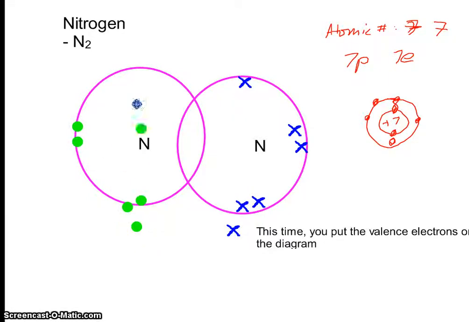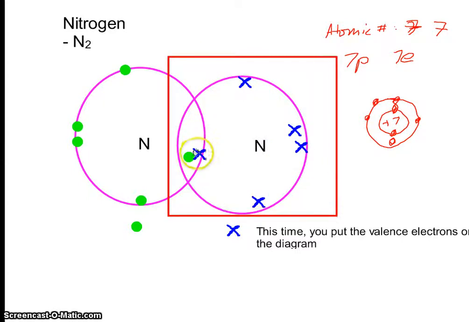So what we're going to do is we're just going to start sharing. So we'll take one of these and one of these. Draw a little box. Count up. 1, 2, 3, 4, 5. 1, 2, 3, 4, 5, 6. Okay, so it's not happy yet, so let's share some more.